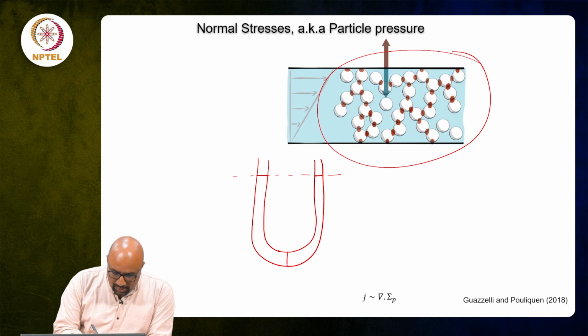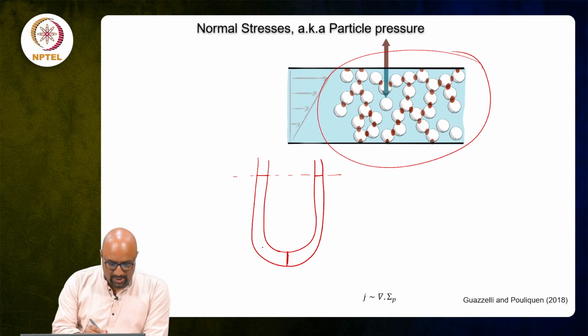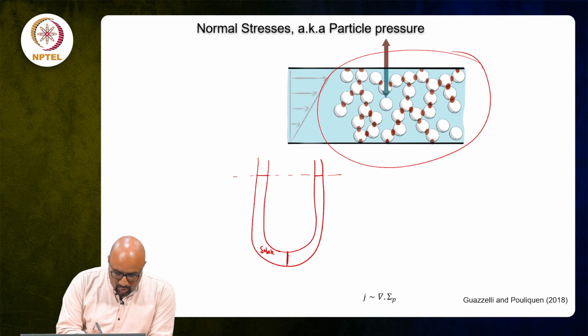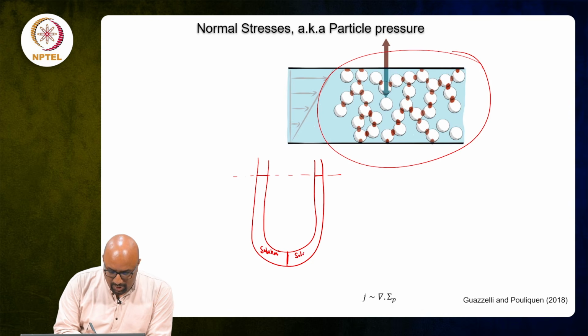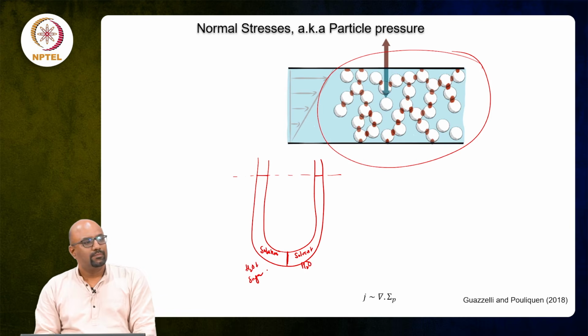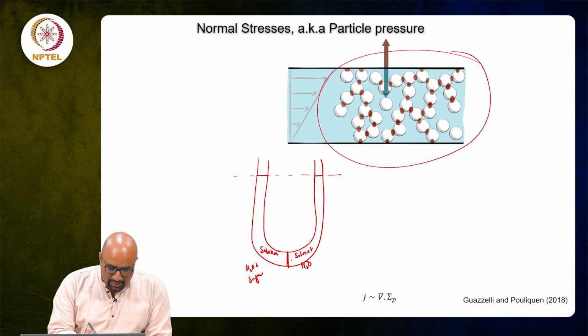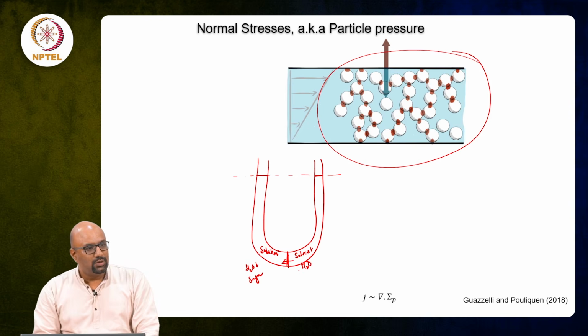Now, if you put a semi-permeable membrane, where here you have a solution and here you have pure solvent. Let us say this is water and this is water plus sugar. This is semi-permeable, which means water can go through this membrane, but sugar cannot cross. What will happen?